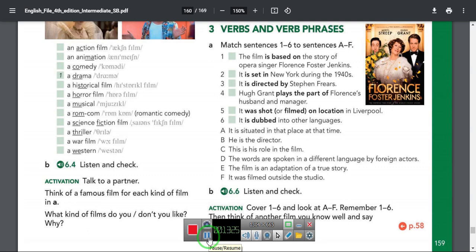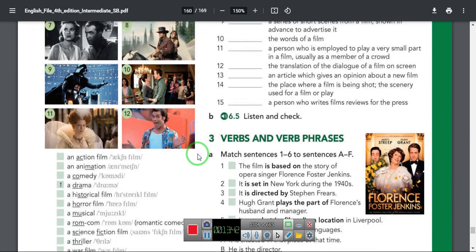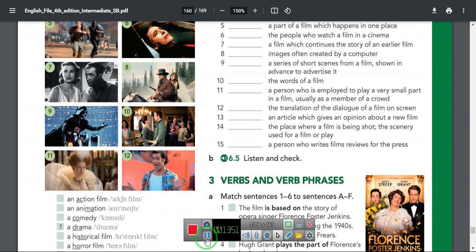For instance, this film is based on the story of opera singer Florence Foster Jenkins. Matches with E. The film is an adaptation of a true story. Okay, please be ready with this assignment as well. Будьте готовы выполнить все эти упражнения точно так же.